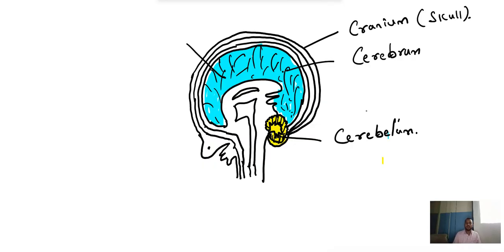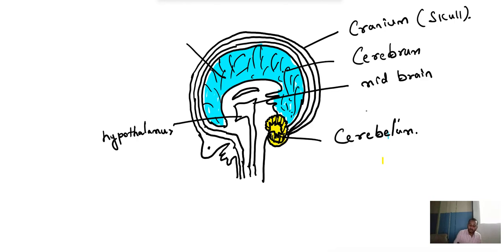Cerebrum, this is cerebellum. Any doubts? Now, can you see this upper part? This upper part is known as midbrain. This lower part is known as hypothalamus.